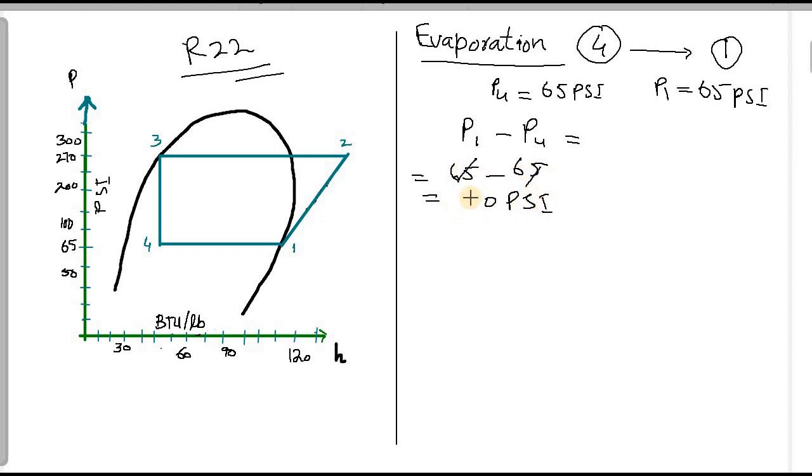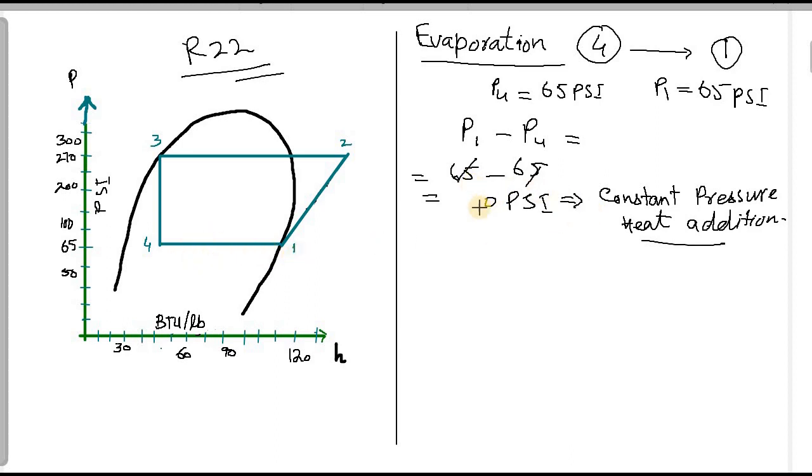It means that during this evaporation process from point 4 to point 1, the total change in pressure will be 0 psi, and we can say that this is our constant pressure heat addition process. We will later discuss how heat is added in this evaporation process.